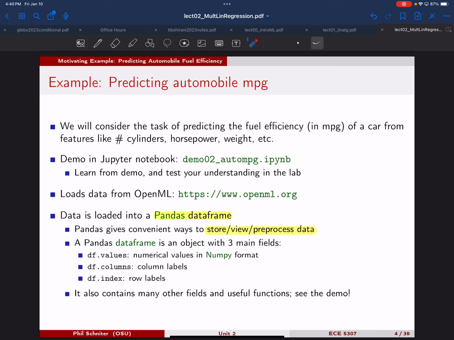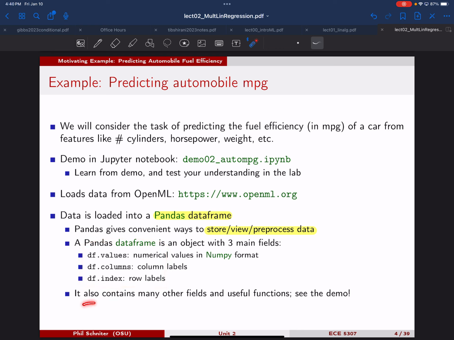Or in time series data, maybe you have data of stock price versus time. These other labels would tell you the dates, like day 1, day 2, day 3, day 4, day 5, and then because of a weekend, you would skip over to, not 6 or 7, but 8, and so on. So that's examples of what's in a Pandas data frame.